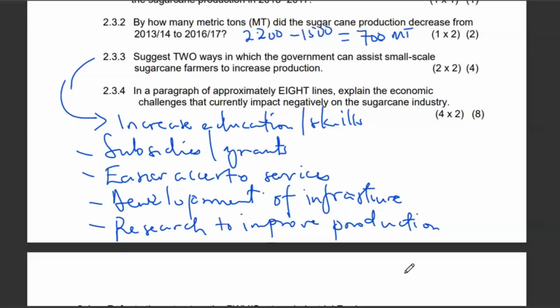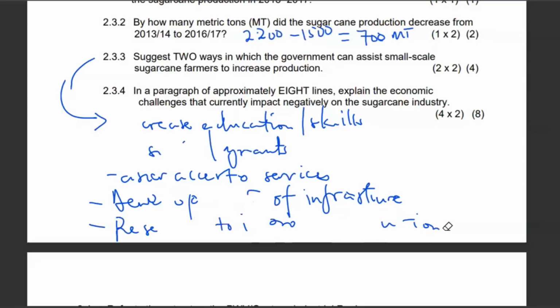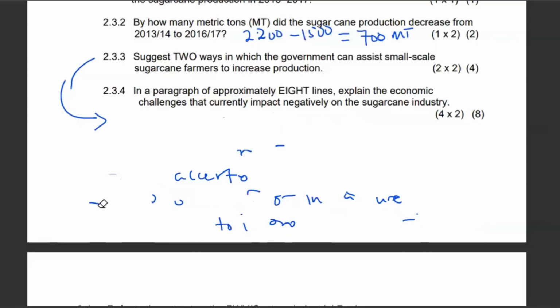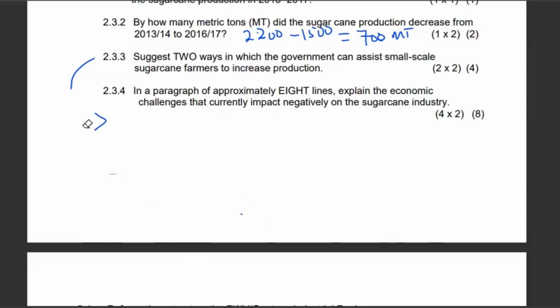Right, number 2.3.4, we need to also check on it and analyze what's happening with the question. In a paragraph of approximately 8 lines, explain the economic challenges that currently impact negatively on the sugarcane industry. We want economic challenges.